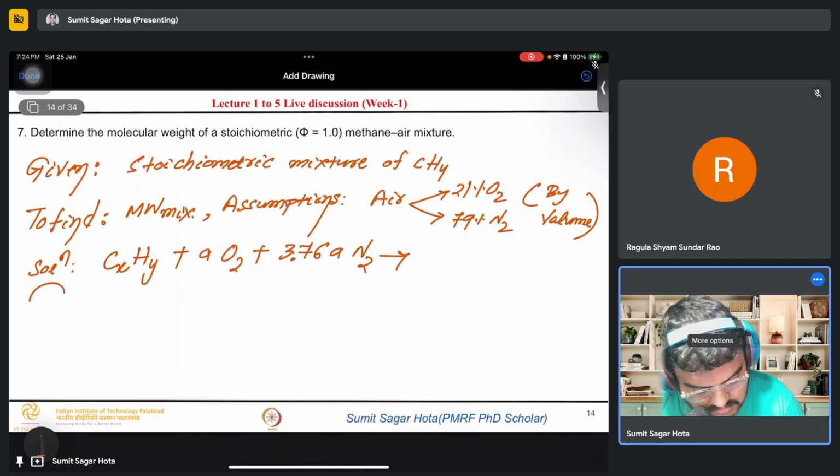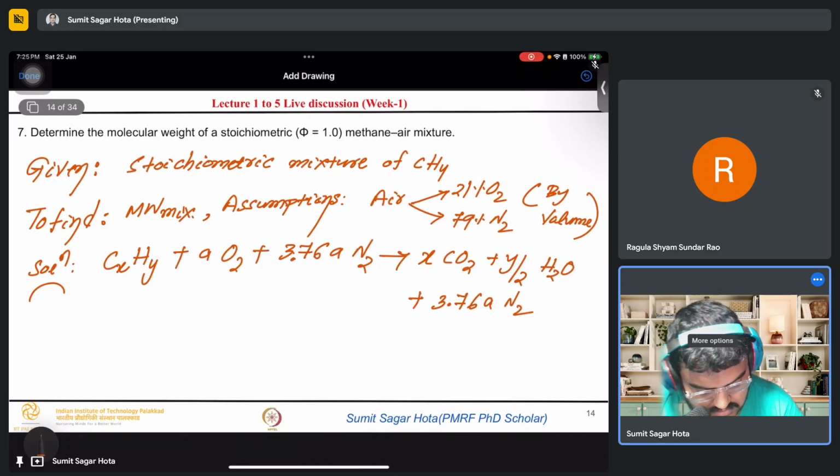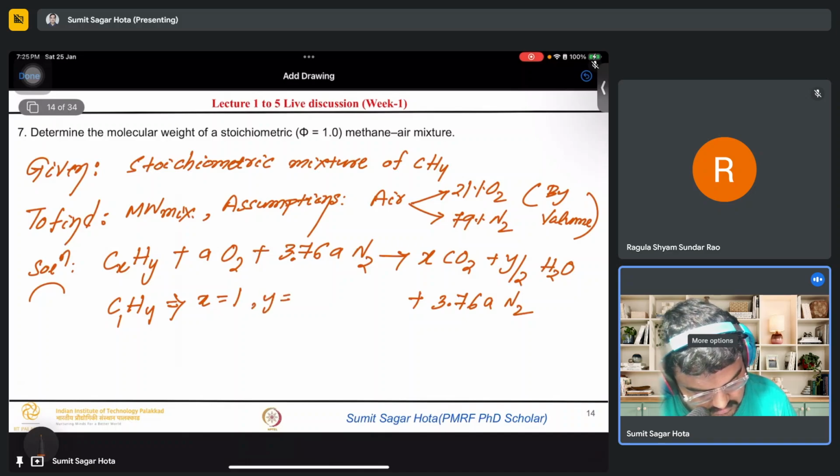Now if in place of CxHy it is CH4, then x will be 1 and y equal to 4.